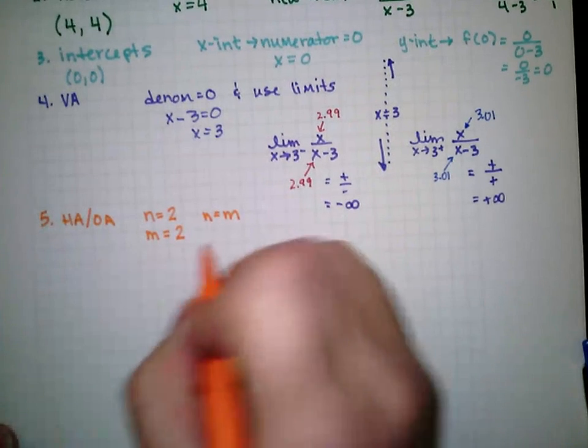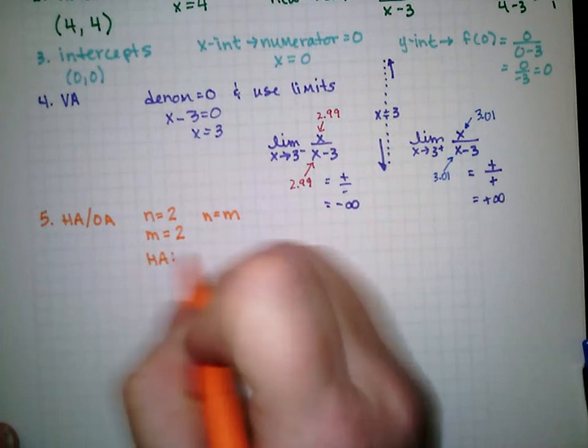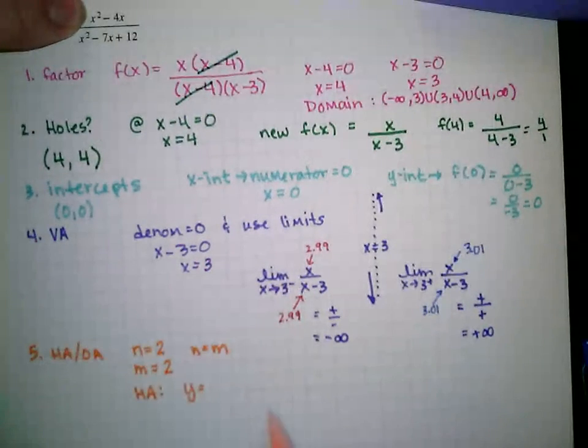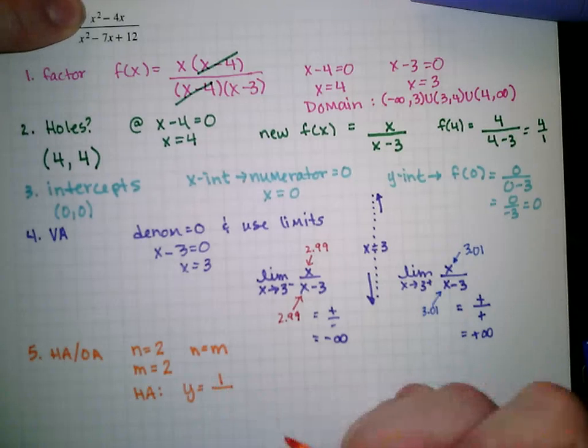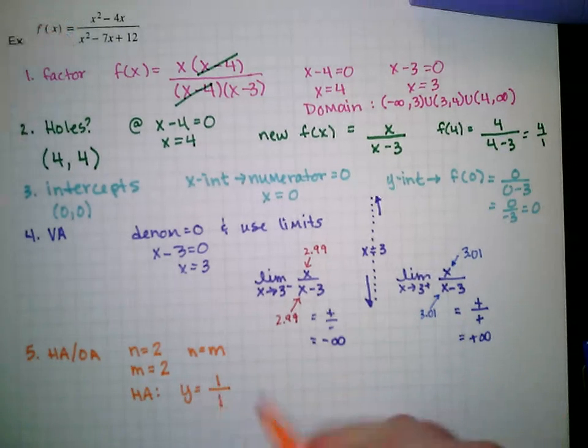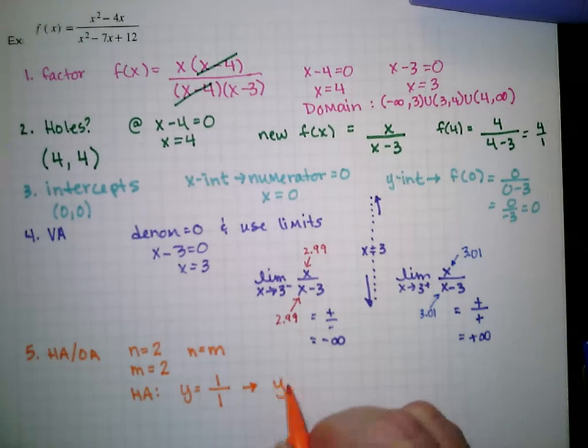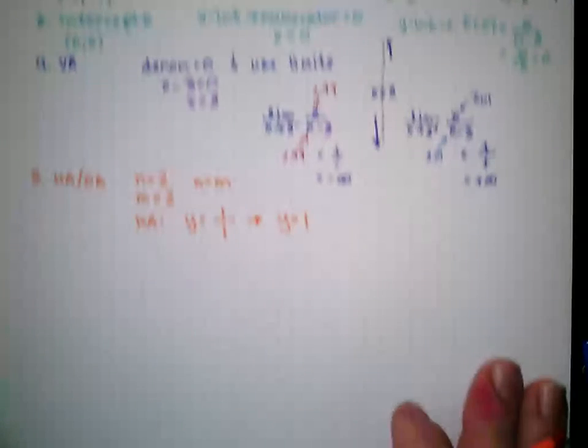The leading coefficient of the numerator is 1. The leading coefficient of the denominator is also 1. So we will have a horizontal asymptote at y equals 1.